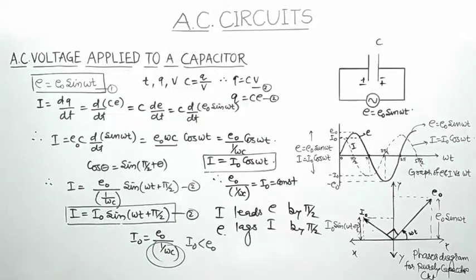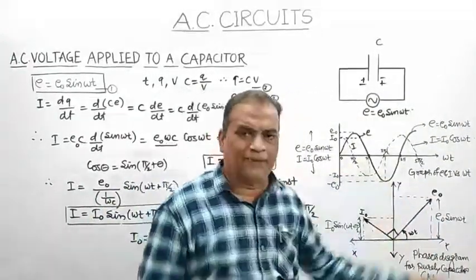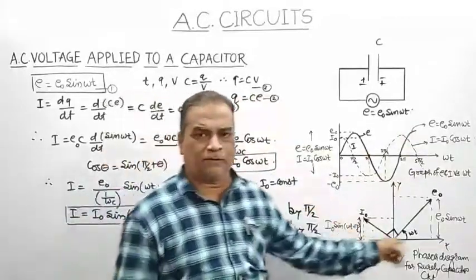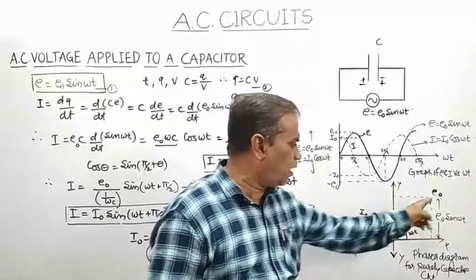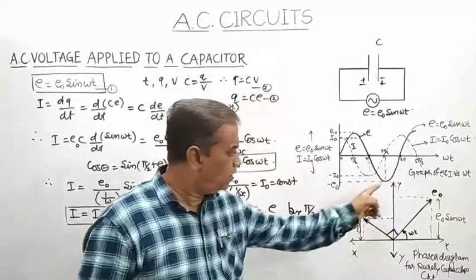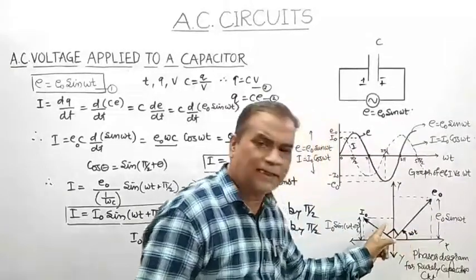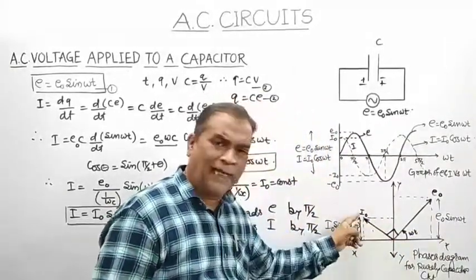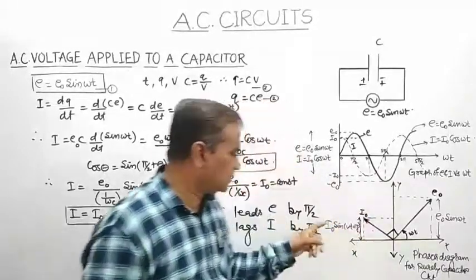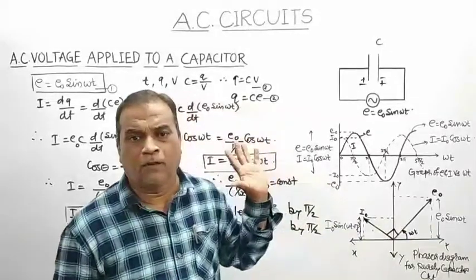Now before studying what capacitive reactance is, look at this phasor diagram for a purely capacitive circuit. Here, the projection of phasor E0 on the y-axis is E0 sin omega t, and the projection of phasor I0 on the y-axis is I0 sin of omega t plus pi by 2.